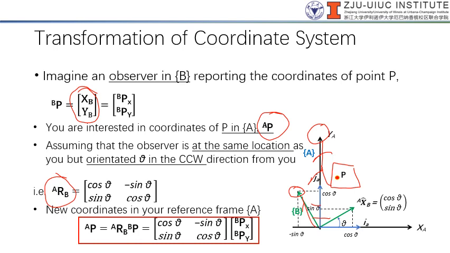And so what we can do is multiply this rotation operation by the coordinates given by this observer, so that will be a pre-multiplication. In this case, it might be quite trivial how you get your point coordinates in the new reference frame, that is A, instead of using the original observer's coordinates in B.